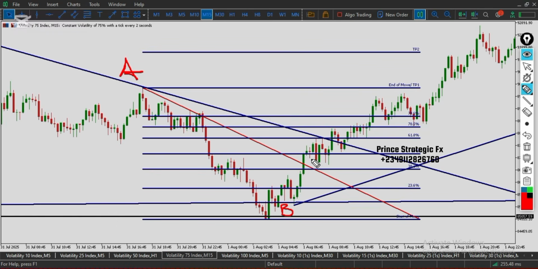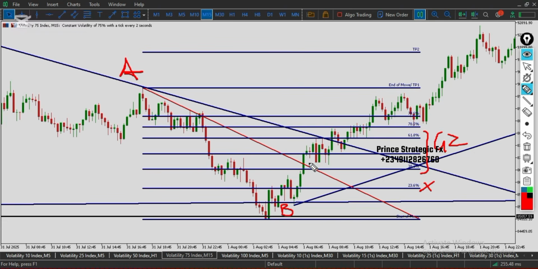So, since we are looking for a buy, Fibo said we should avoid the 23.6 level. We are not going to enter at this level at all. This level is a no-no for us. Fibo said from the 38.2 level to the 61.8 level is our golden zone.